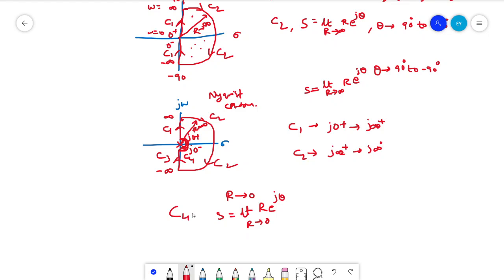And C3 we discussed, C3 will be varying from j infinity minus to j0 minus, with the angle from minus 90 to 0 minus, and then to 90.